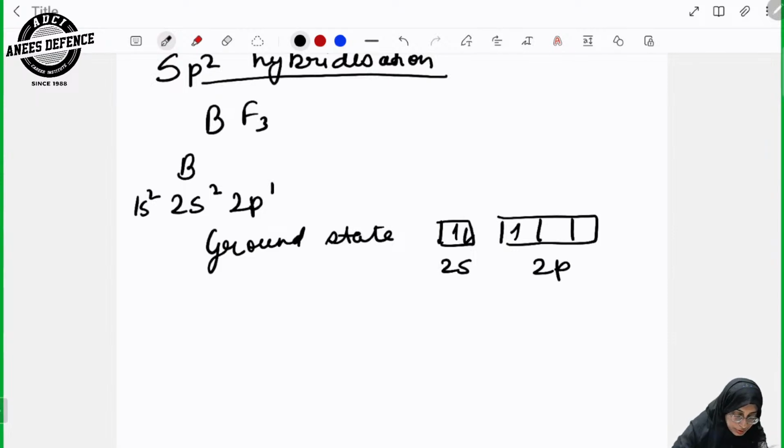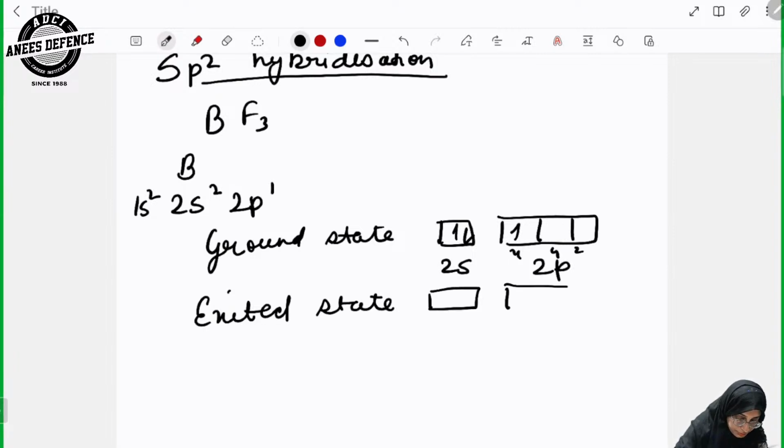In the excited state, one of the electrons of the s orbital shifts to the p, to 2py. So we can show it like this. Now, what are the hybrid orbitals here?